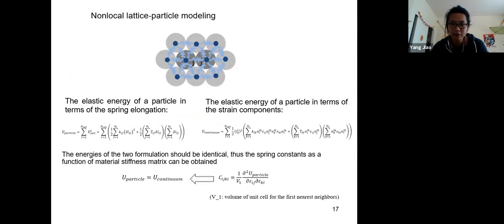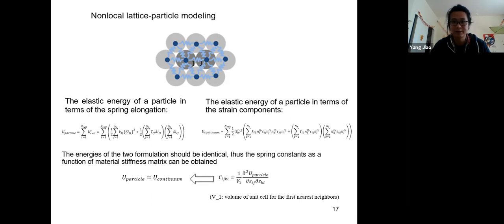So we use the equivalence of the elastic energy principle. On the one hand, you have the continuum formulation, where the elastic energy is written in terms of the stress, strain and all of the elastic constants. This is from continuum mechanics. But here, we use the lattice representation of the material.